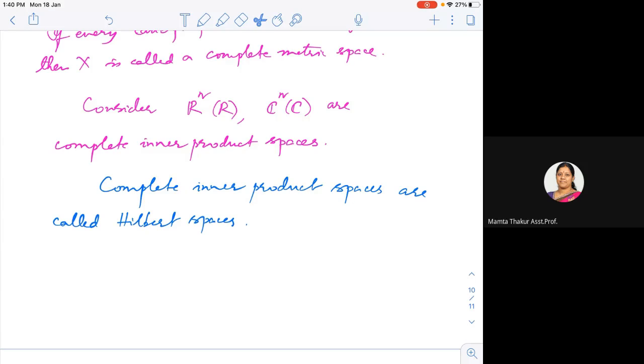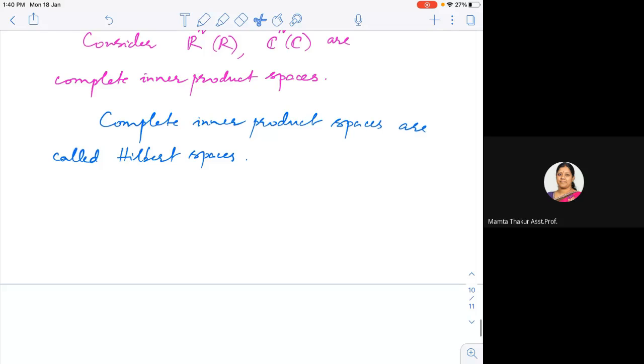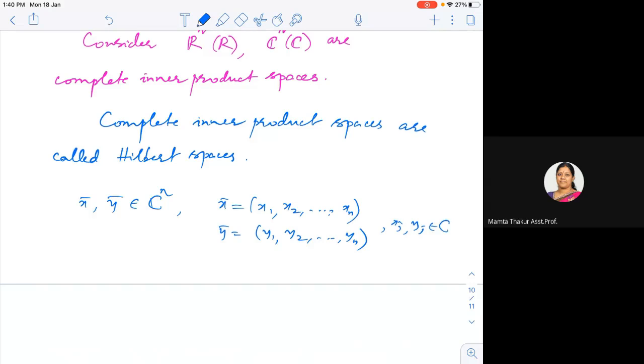What is the inner product that is defined? If I take x bar comma y bar belonging to C power n, then x bar should be an n-tuple with complex coordinates x1, x2, and so on, xn, and y bar is y1, y2, etc., yn, where these xj, yj are complex numbers.